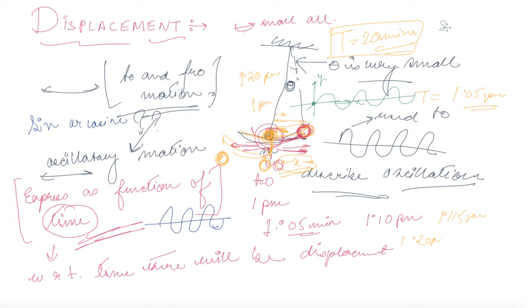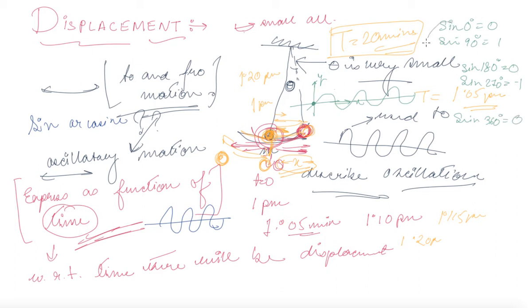As you know, sine 0 degree is 0, sine 90 degree is 1, sine 180 degree is 0, sine 270 degree is -1, and sine 360 degree is again 0.